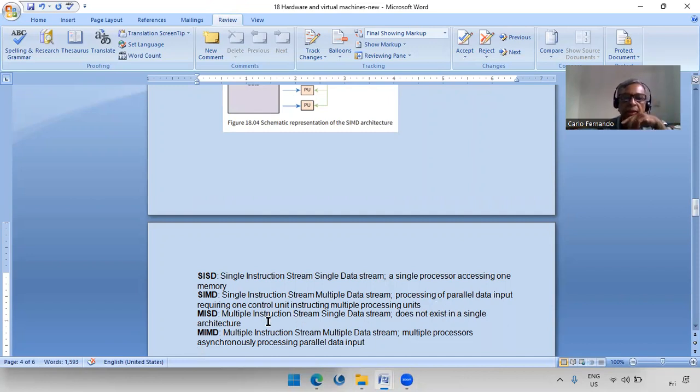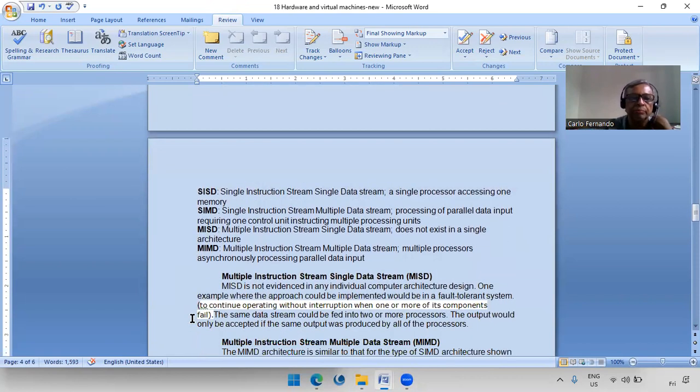MISD, it's not existing anywhere. Multiple instruction stream, single data stream. So now you know the M and S, no? M for multiple, S for single. It's easy if you think like that. It does not exist in a single architecture, so it has to be a complex one, and in a single one you don't get it.